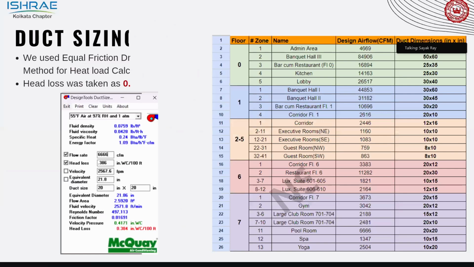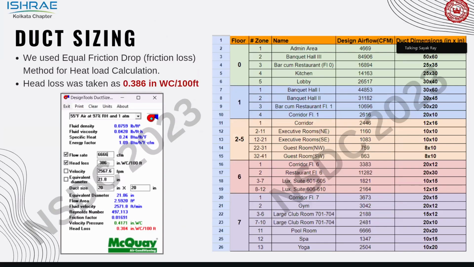There is also one thing you should keep in mind while choosing the air system components. You have to choose the dimensions of the ducts connecting all those components. There are various methods of calculating the duct sizes. We used the equal friction drop method, which assumes there is a constant friction loss for all the different types of components present in a duct.